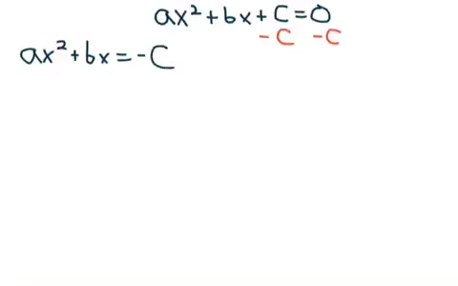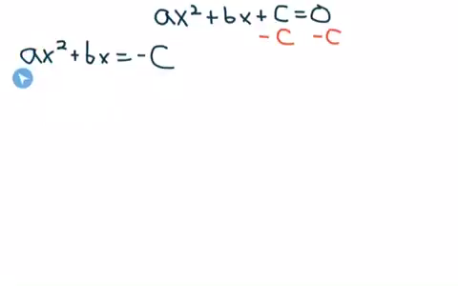Now you tell me, with the expression written the way that it is here, is it ready for me to complete the square? Hopefully at this point you are able to say, no, it is not ready, because we need to have a 1 in front of our x squared term. And right now we have a number a. This a, we don't know what it is.